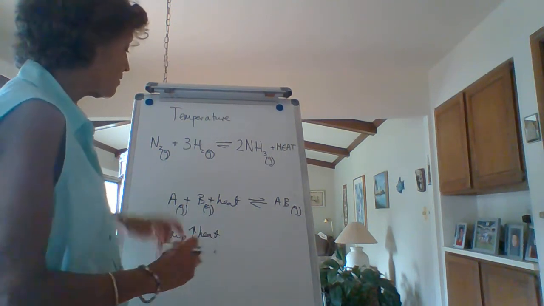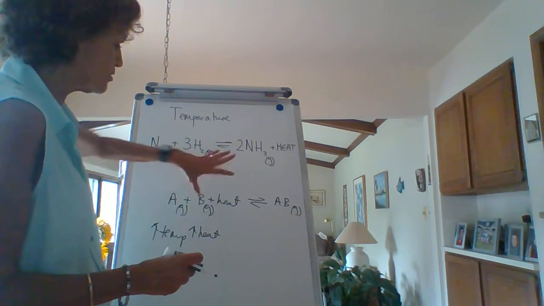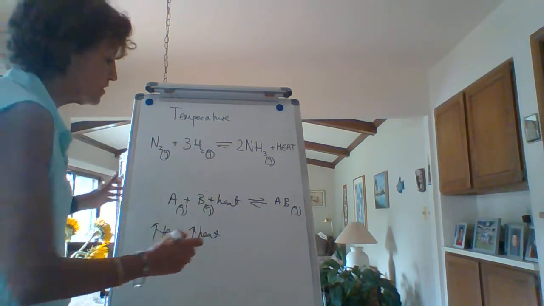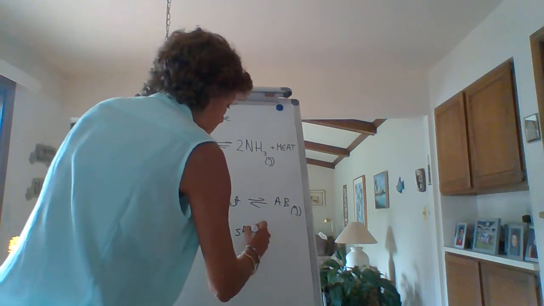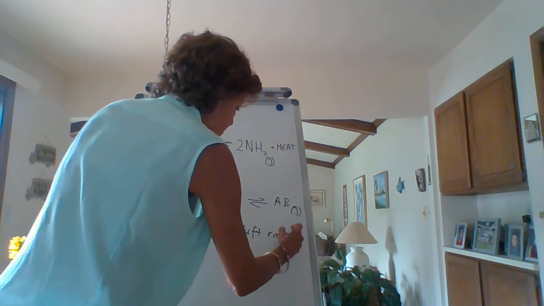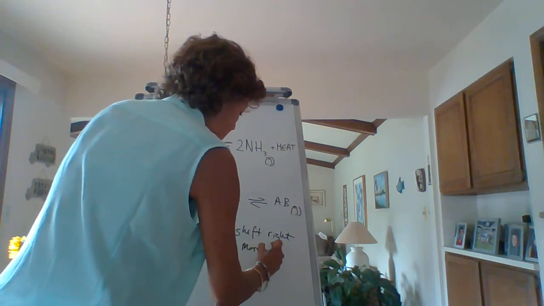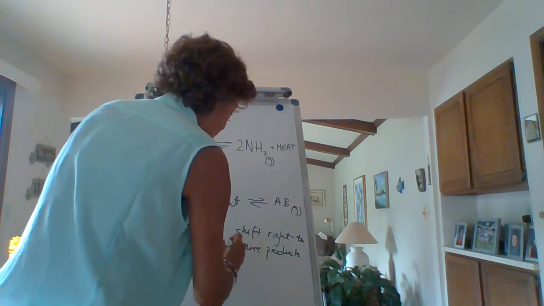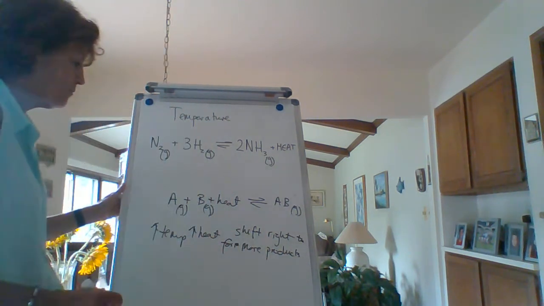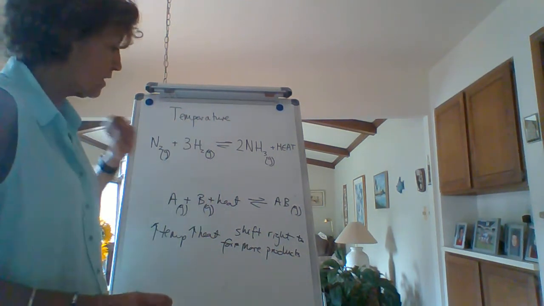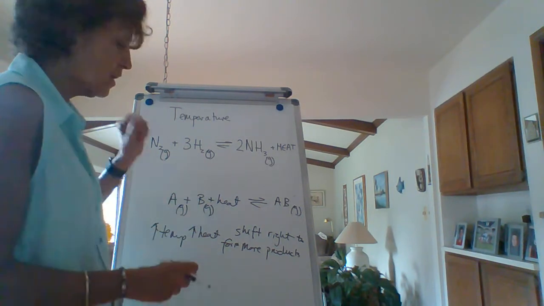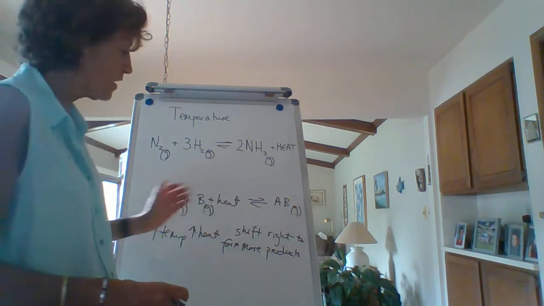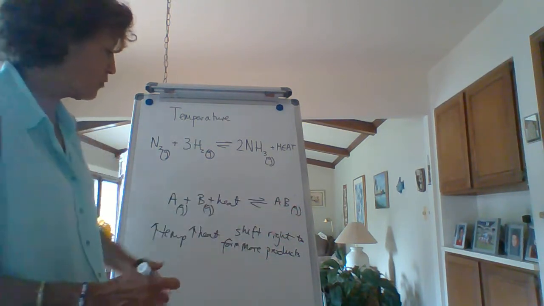In an endothermic reaction, if you're increasing the temperature, it's like you're adding in more of this reactant, it's going to shift to the right to form more products. Okay, so in an endothermic reaction, it's a good thing to run it at a high temperature if the goal is to make more product. Okay, it shifts the equilibrium to get more product.